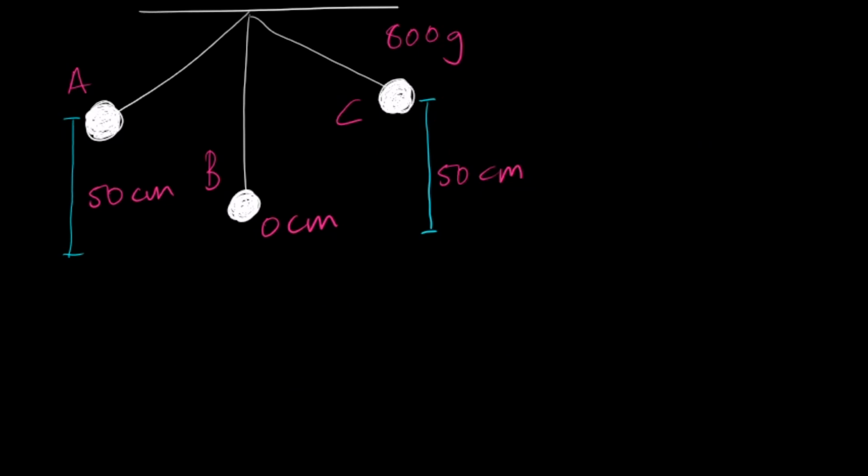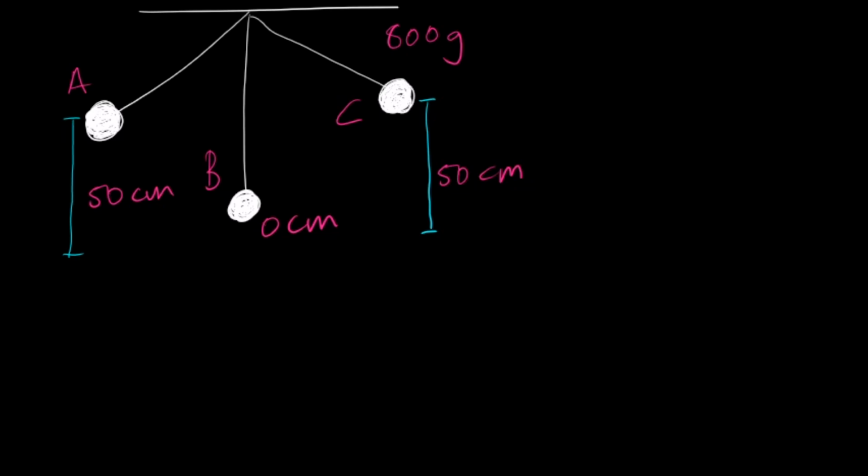Now the first question is saying calculate the maximum potential energy at A. Now we must know that at position A, the object, by the way, this is a pendulum, is stationary, so it means the velocity is 0. Now we don't have to use conservation of mechanical energy.